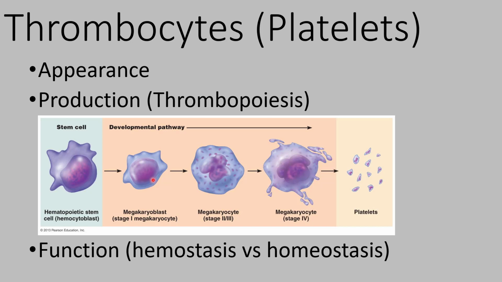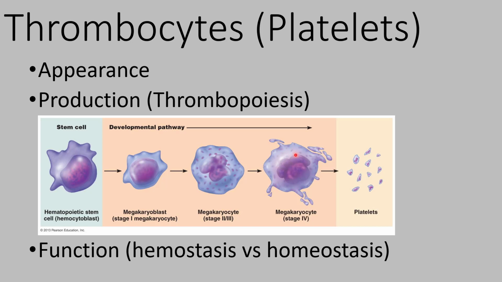So as those ribosomes increase in number and as we start making those cytoplasmic granules, we move into a megakaryocyte stage 2 and a megakaryocyte stage 3. We can see everything building up inside, those granules starting to build up. And eventually the cell gets very big and it starts to grow these long processes called pseudopods. And we are now a megakaryocyte stage 4.